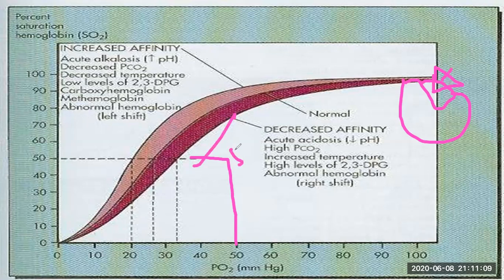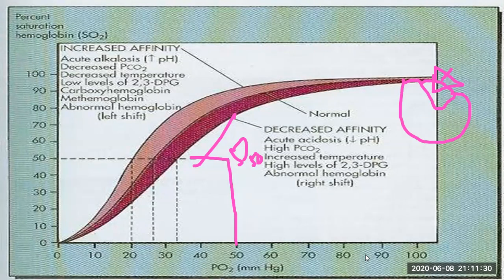So P50 is the value where 50% of the active sites of the hemoglobin molecules are occupied with oxygen. This oxygen hemoglobin dissociation curve represents the binding affinity with the oxygen molecules.